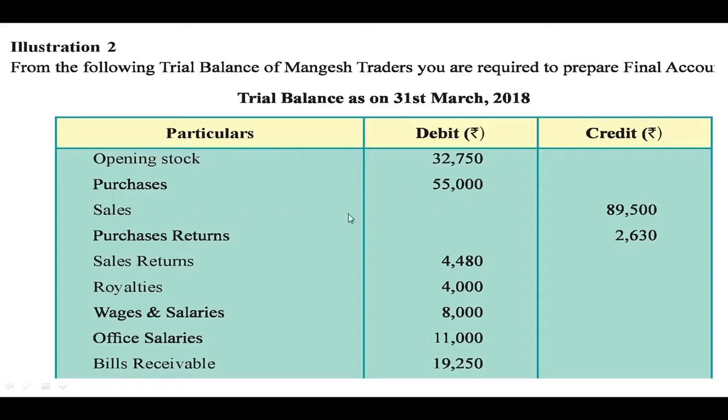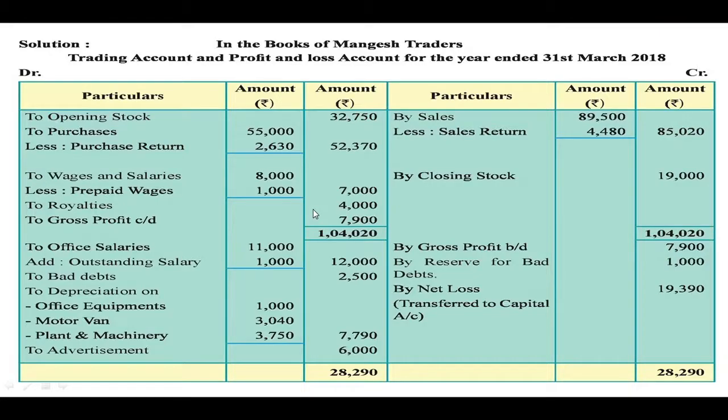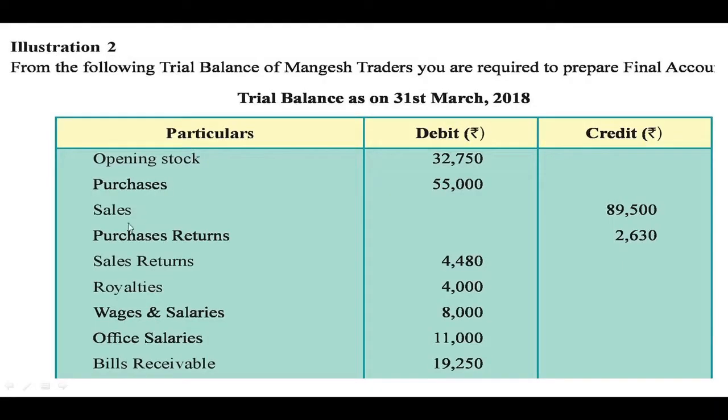But when you go through the trial balance items, you have to remember that purchase return is also given, 2,630. So we need to write purchases in the inner column, 55,000 less purchase return 2,630. So outer column net purchases 52,370.